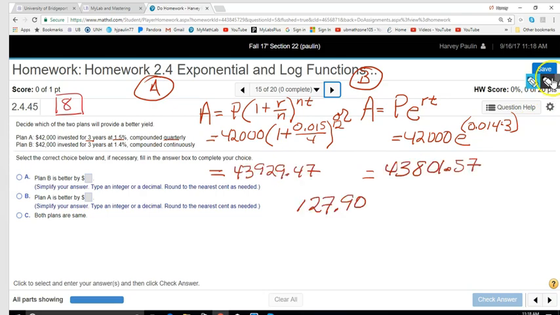All right, this one's going to take a little bit of time, no matter how quickly you try to do it. When we put this in there, we get this. When we put this into the calculator, we get this. And we see that plan A, with that little bit of greater percentage, is actually the better deal. So plan A is the better deal.